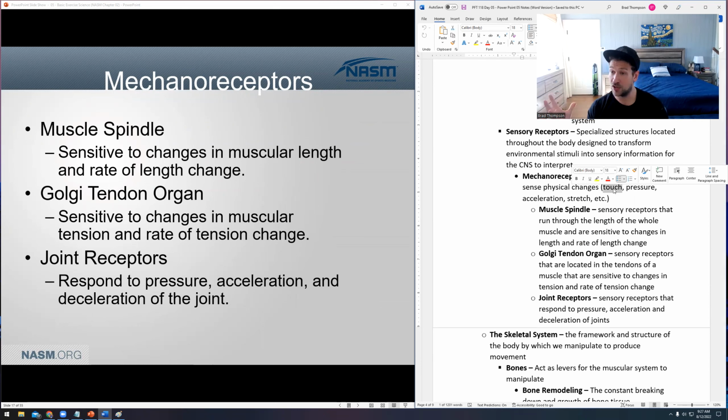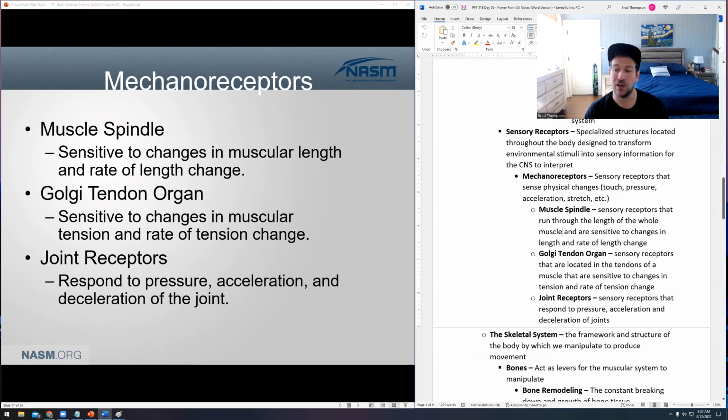Pressure changes, you would sense that. Whether or not your muscle is accelerating or decelerating, that's a mechanical change. Or if something's being stretched out or if there's a lot of tension, those are our mechanoreceptors, okay? Their job is to feel physical changes. Like gravity pulls a little bit differently when we're leaning like this than it does when we're sitting upright.